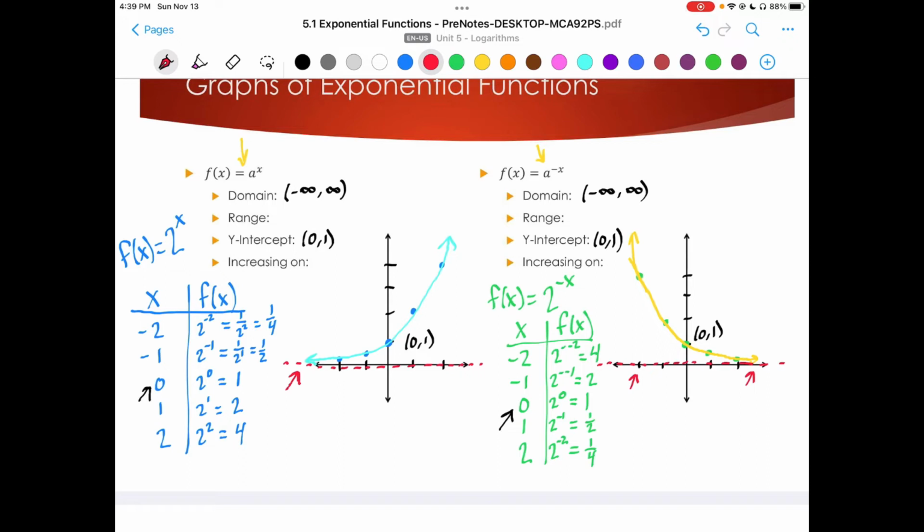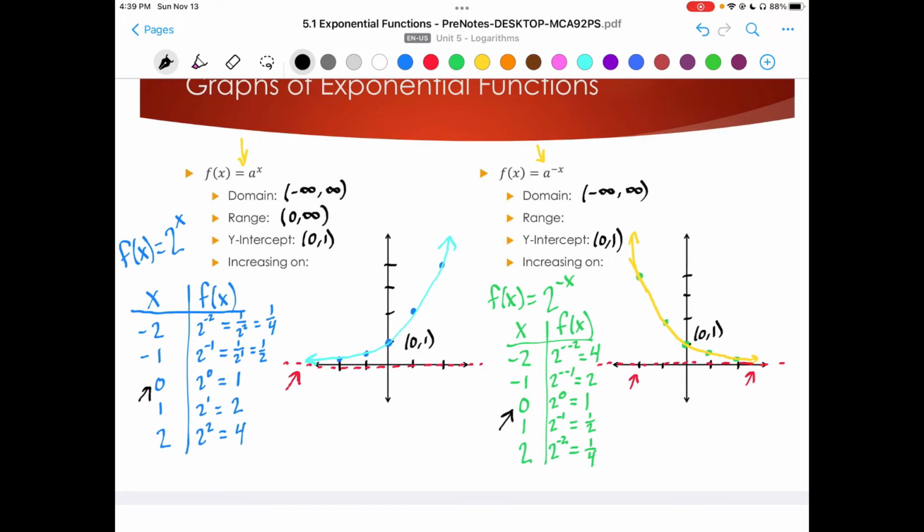But regardless, they're both approaching that x-axis, which is y equals 0. So our nice little range here is going to be from 0 to infinity.